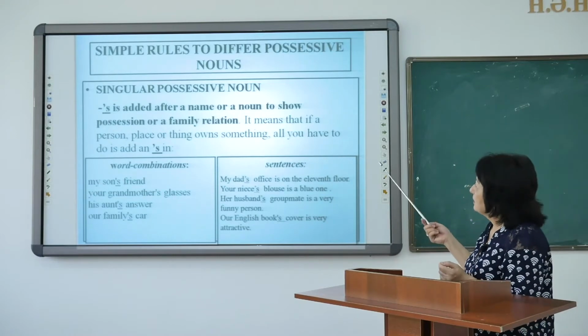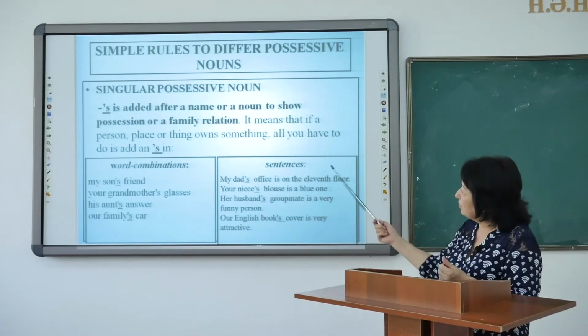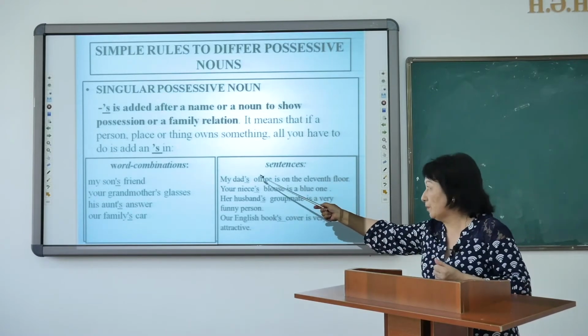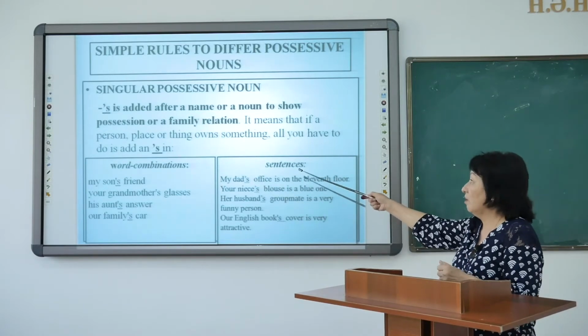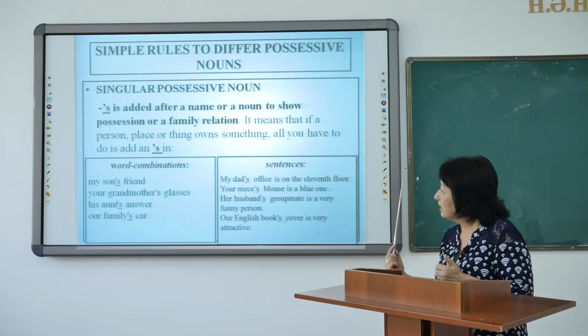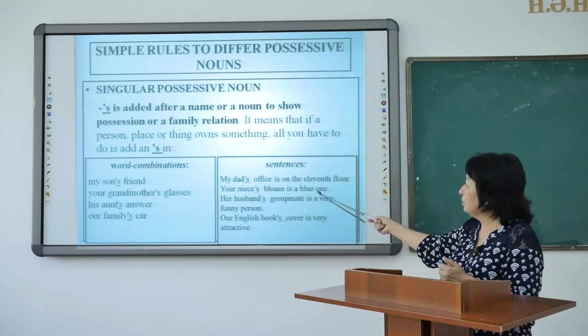What about sentences? My dad's office is on the 11th floor. You see that we put apostrophe and S after a singular noun because the office belongs to dad, or dad owns the office. The other examples: your niece's blouse is a blue one.